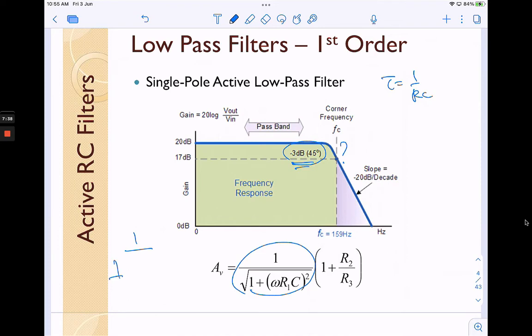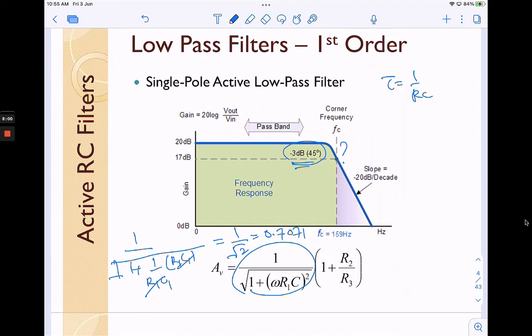So what we have is 1 plus omega R1 C1 multiplied by R1 C1. What we can get is 1 over square root of 2, which equals 0.707.